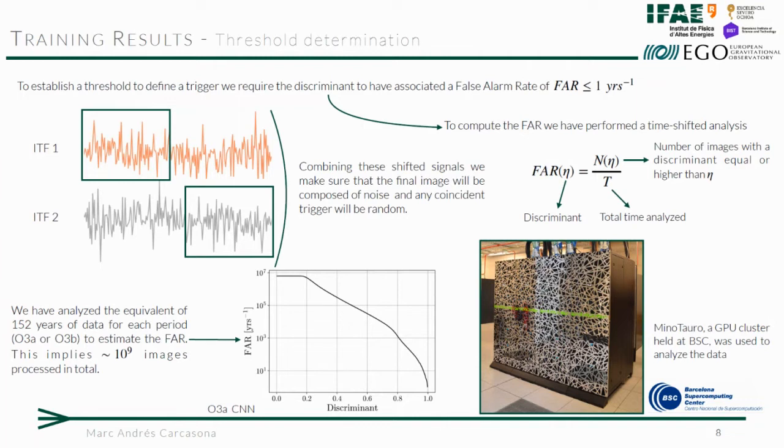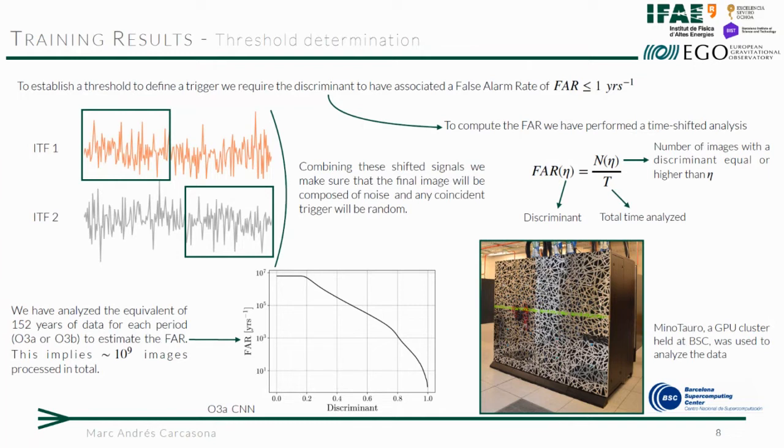In this case, we analyzed 152 years for O3A and 152 years for O3B. And that makes actually 10 to the 9 images. And this is why we had to use this GPU cluster that is held at Barcelona Supercomputing Center, because otherwise it was too much data to be analyzed in our own cluster.